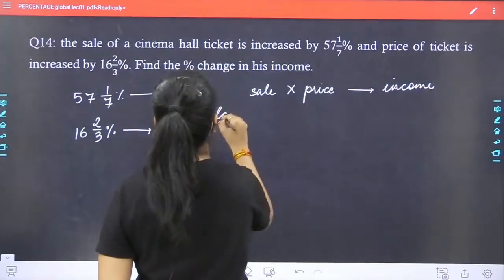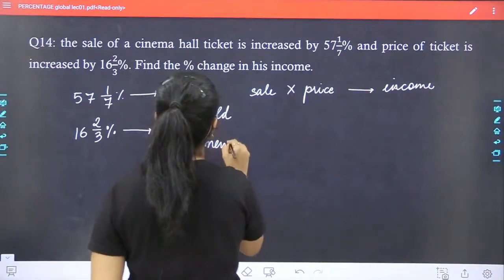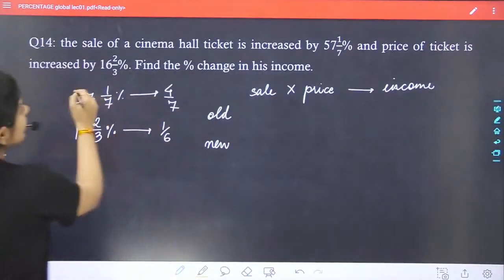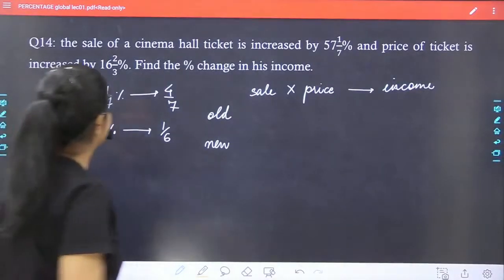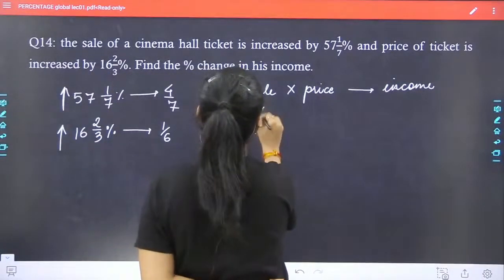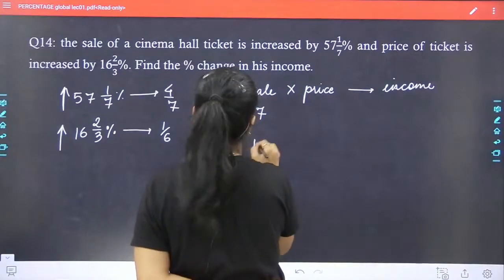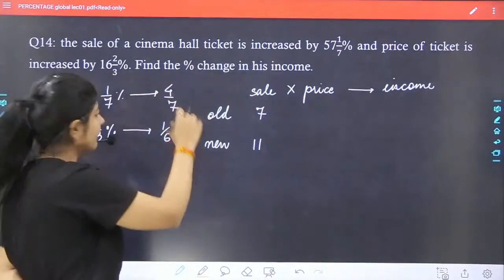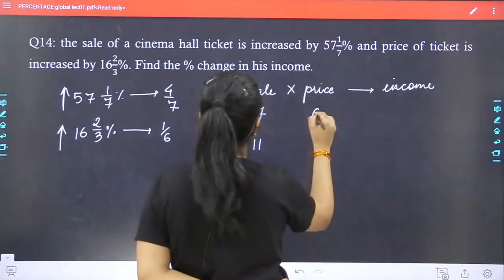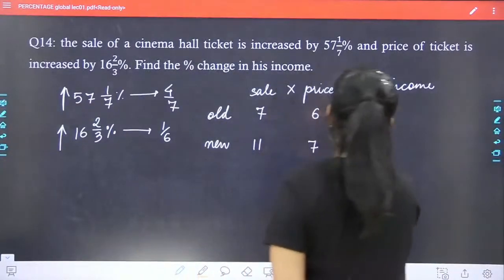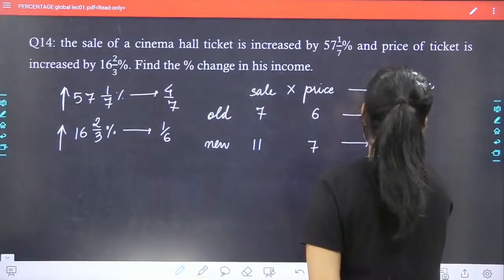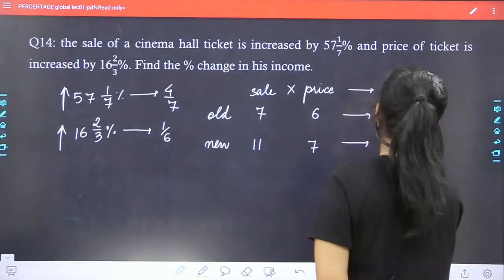If I write old values over here and the new values over here, this term is increased and this term is also increased. If I have 7 as my old value, it will become 11, 7 plus 4. If I have 6 as my old price, this will become 7. So the income is 42 earlier and it will become 77.